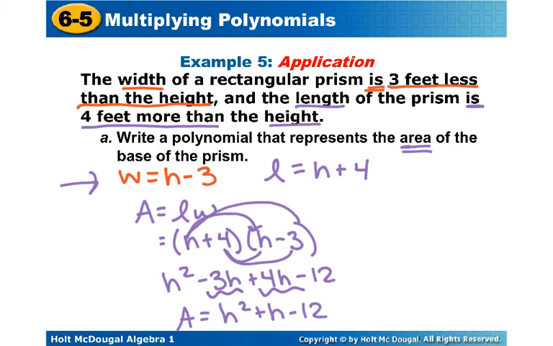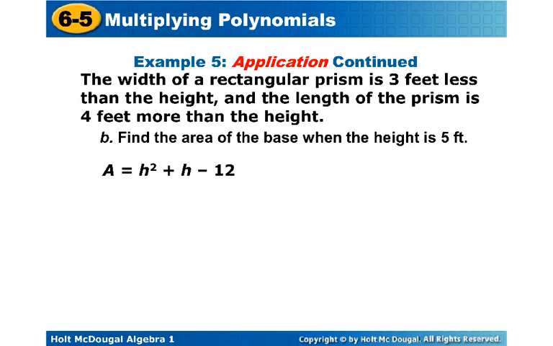The next part now says, find the area of the base when the height is 5 feet. So height is 5 feet. So they're telling you what h is now. So you're going to plug that in. So this becomes 5 squared plus 5 minus 12.